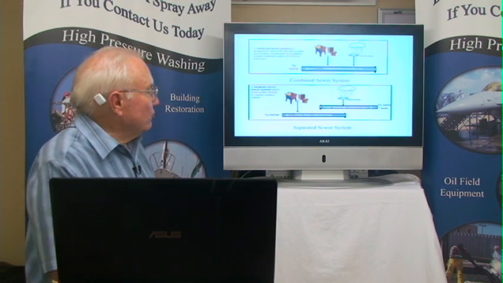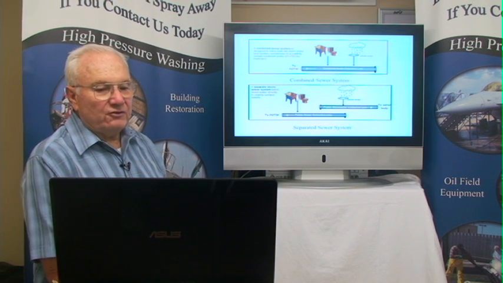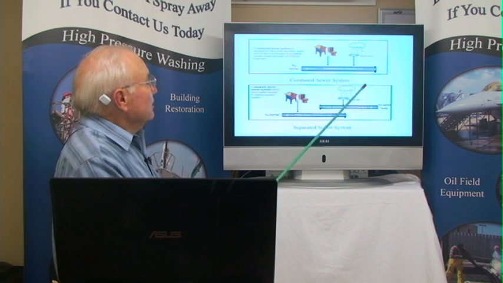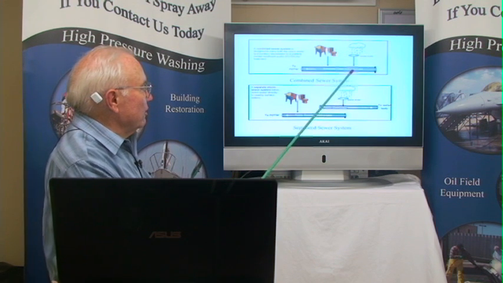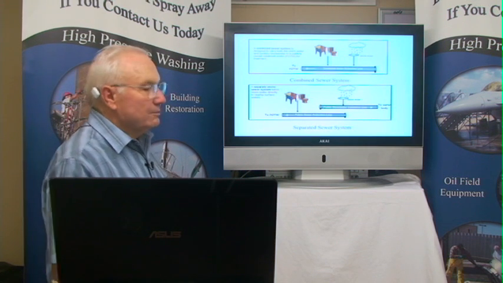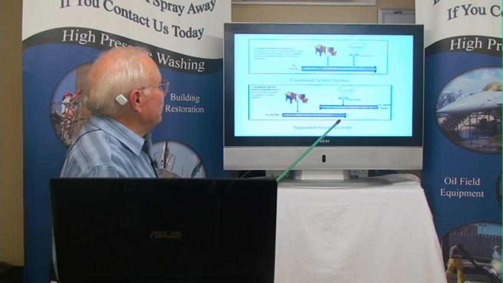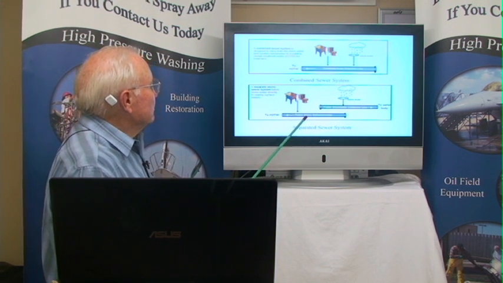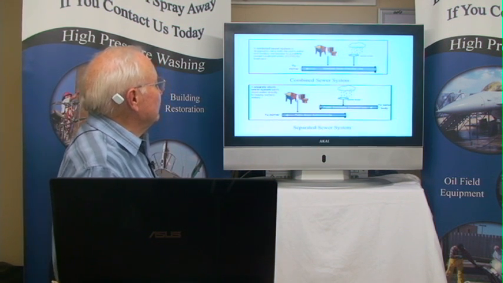Now, there's basically two types of storm sewer and sanitary sewer systems in the United States. If all your storm water and your sanitary sewer water goes through the same pipe, it's called a combined system. It's a combined sewer system. If you have separate pipes for your sewer collection line and the stormwater collection line, that's a separate.